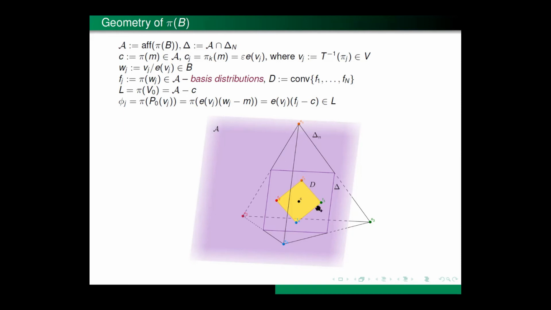So here is this yellow polytope, the basis polytope, which is a convex hull of these basis distributions.